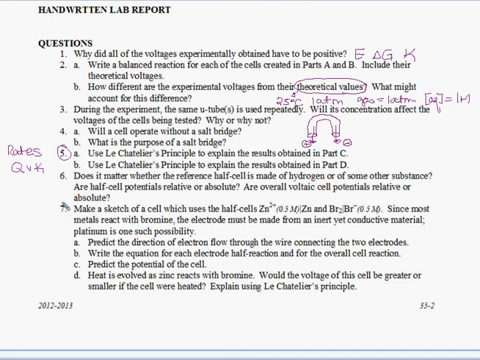Finally, in question 7, this goes along with your notes. If you remember, under voltaic cells, there was a video describing how to determine which of the half cells, and in this case it'll be between zinc and bromine, will in fact be oxidized versus that which is reduced.